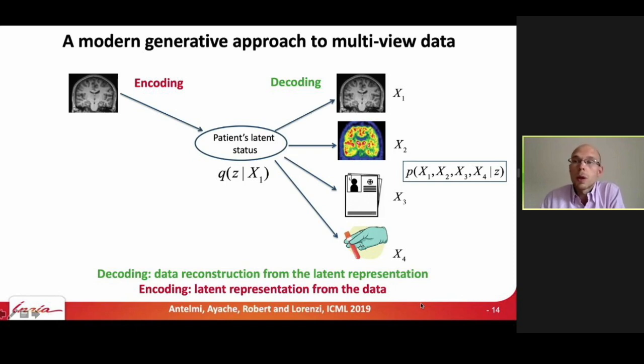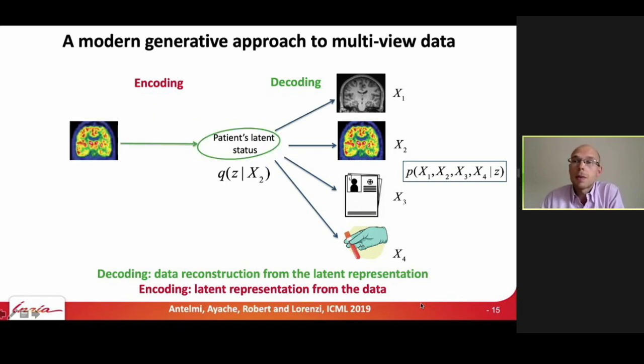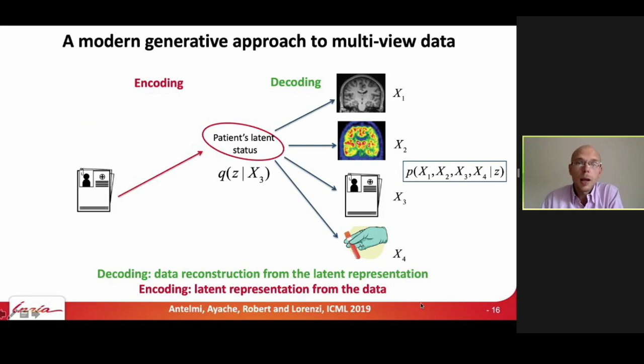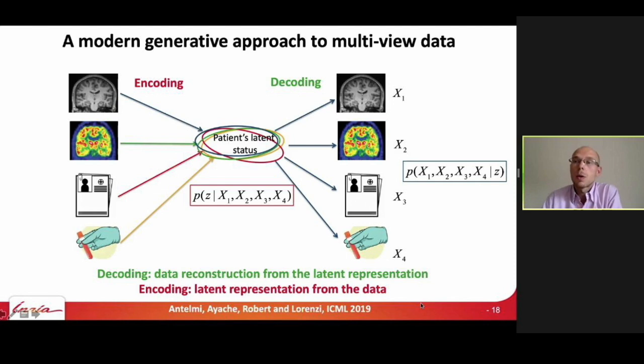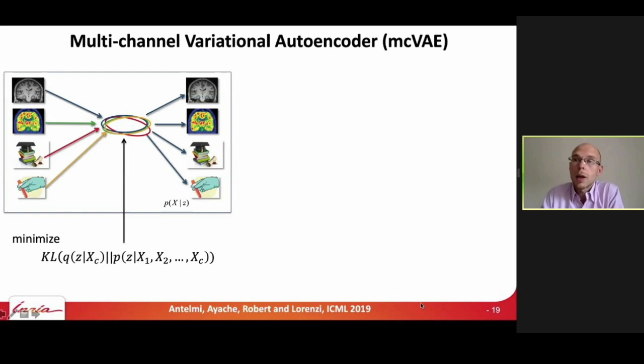And depending on the view that we consider, we can have different encodings, so different approximations. And ultimately, what we would like is to have them be coherent and represent the same latent object. And this can be imposed, and what we propose is to impose a constraint on how these latent representations are inferred. For example, impose that for each view, they must be as close as possible to the same common target, which would be the ideal posterior distribution.